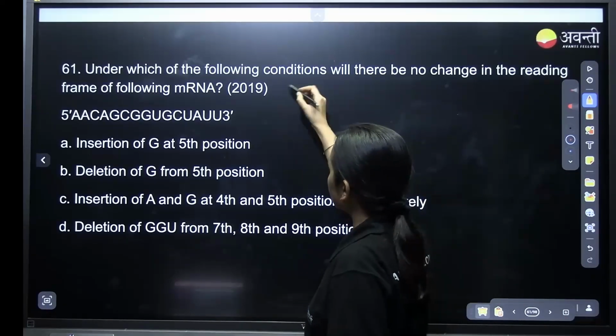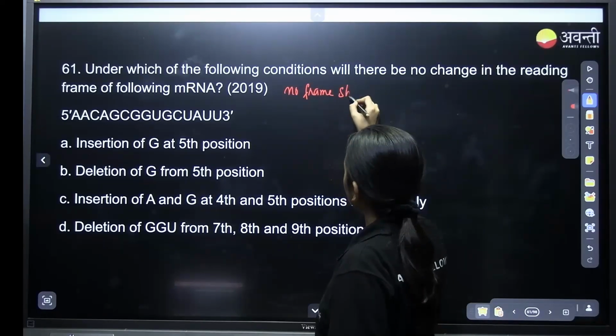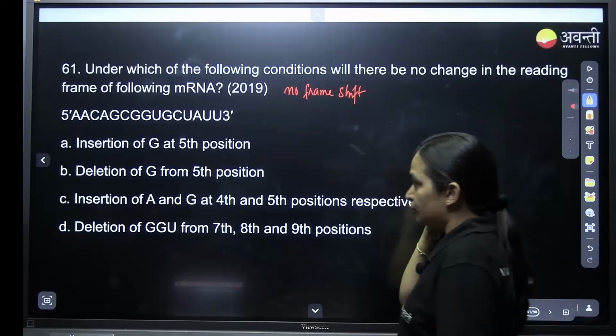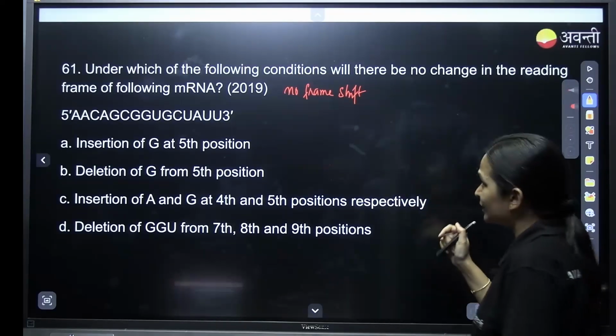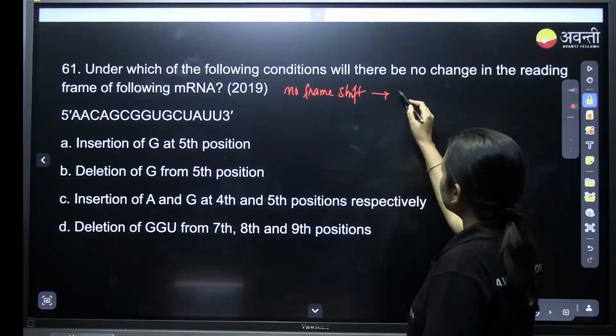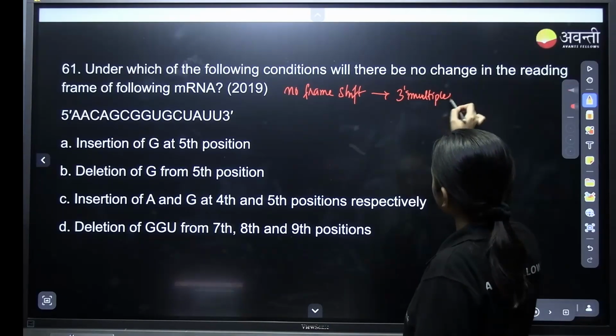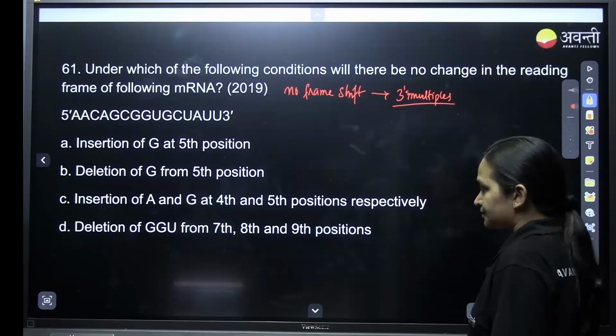There should be no frame shift. When will there be no frame shift? When the codons are deleted in multiples of 3. In three's multiples.